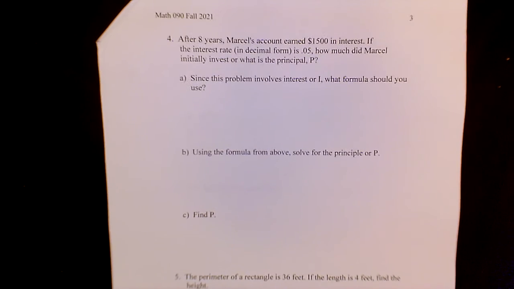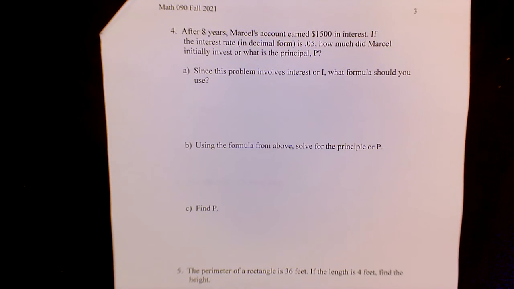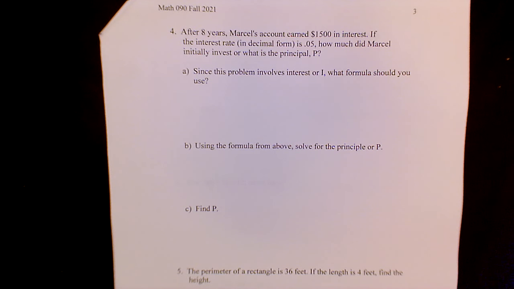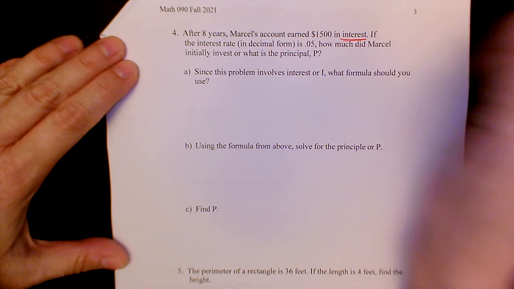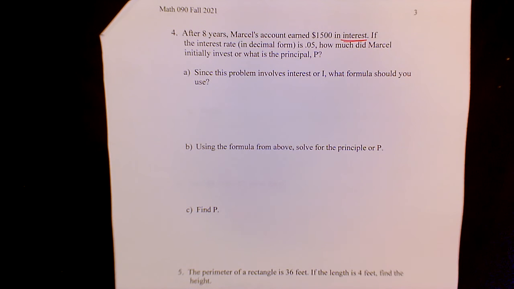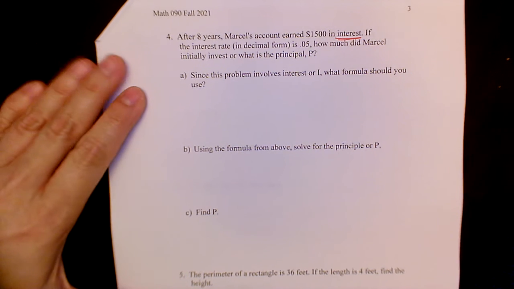So I'm going to keep going to page 3 of the handout. And this one's a little bit different. It's an interest problem. So we're talking about interest. So formula for interest. I think that was the very first one I gave you.